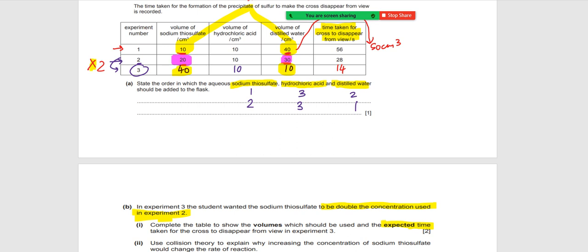When it's more concentrated, you understand or not? Why is it 14? Yeah, because if it's double, then this one is half the time. Okay.